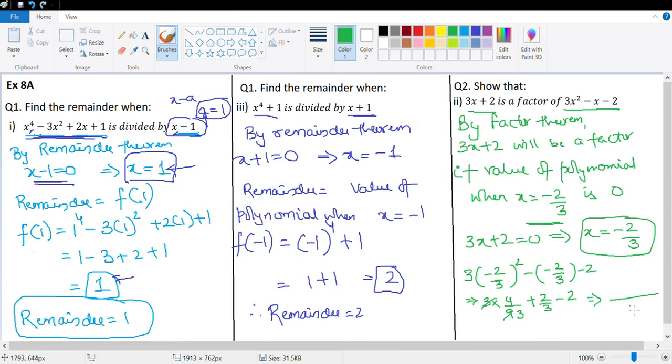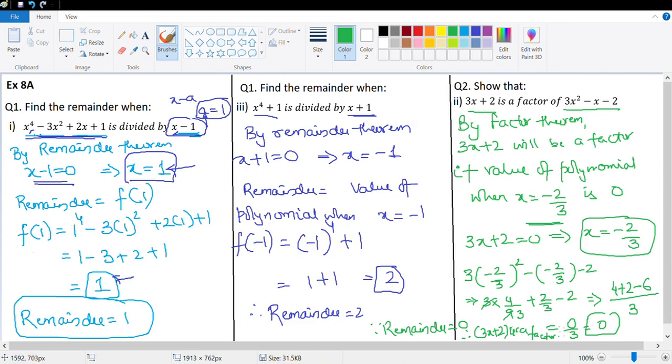The LCM is 3. We have 4 plus 2 minus 2 into 3, that's 6, which is 0 upon 3, which is equal to 0. So since remainder is 0, I don't have space, I'll write it here. Since remainder is equal to 0, therefore 3x plus 2 is a factor.